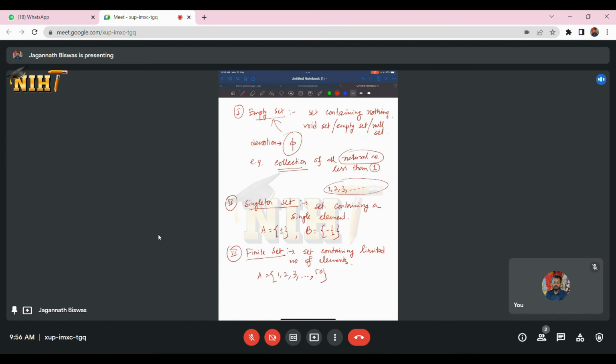But if I express a set like all natural numbers, 1, 2, 3, it is not ending anywhere. So that is not a finite set. This type of set is called infinite set. We will go to it later.